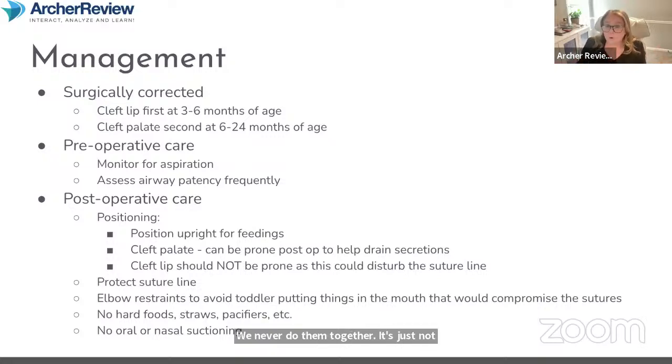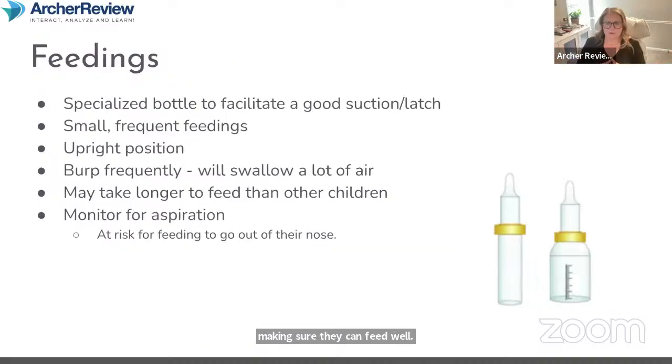Now, before they have that surgery, we're going to be really focusing on what we just talked about, monitoring their airway, not letting them aspirate, making sure they can feed well. How do we feed those babies? All right. Specialized bottle. Basically, when we've got this big gap going in here, it's a lot harder to latch on to either breast or bottle.